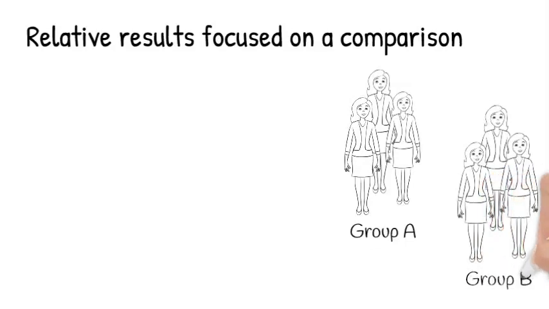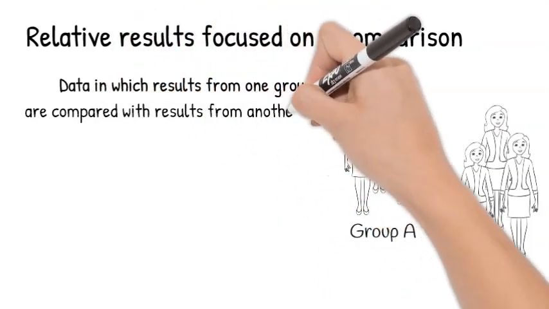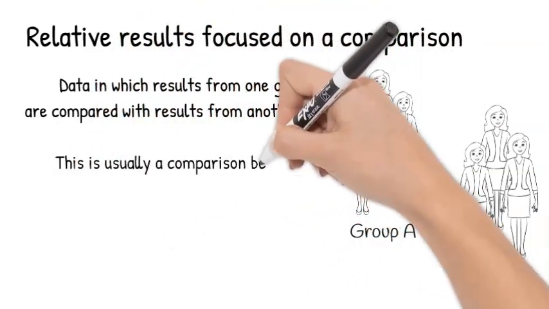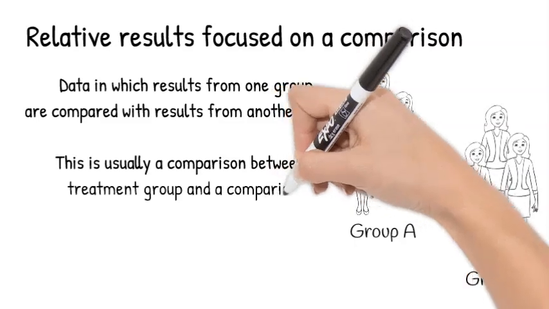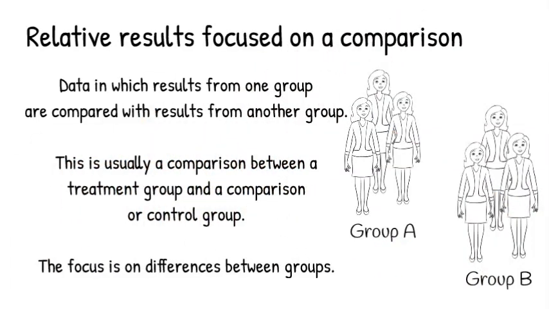Relative results focused on a comparison are data in which results from one group are compared with results from another group. Most of the time, that's a comparison between a treatment group and a comparison group, or if you're doing a true experiment with random assignment, a comparison between a treatment group and a control group. The main point is that the focus here is on the differences between groups.